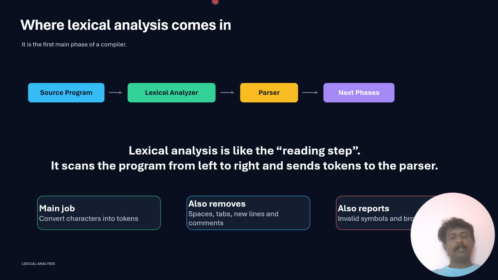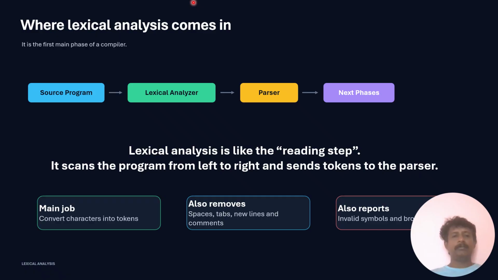First, let us see where the lexical analyzer comes in. It is the first main phase of the compiler. The programmer gives the source code, and the lexical analyzer reads the source code from left to right. It groups the characters, creates tokens, and then sends those tokens to the parser.